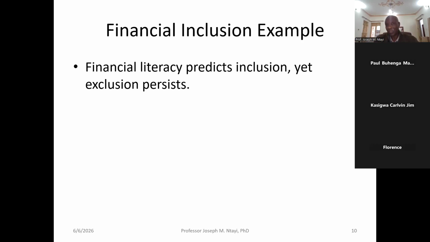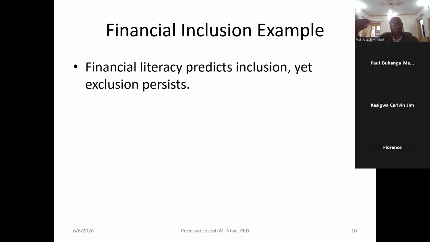The exclusion is probably due to institutional aspects. If you look at the rules and laws that exist within that particular community, in one way or the other, they exclude even individuals who are financially literate. You also discover that technological advancements and gendered or even structural barriers prevent these financially literate individuals from accessing and using financial services, ladies and gentlemen.